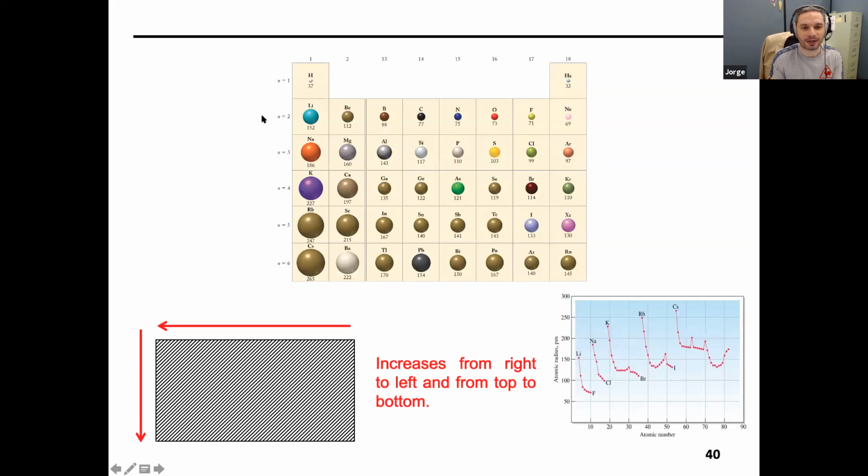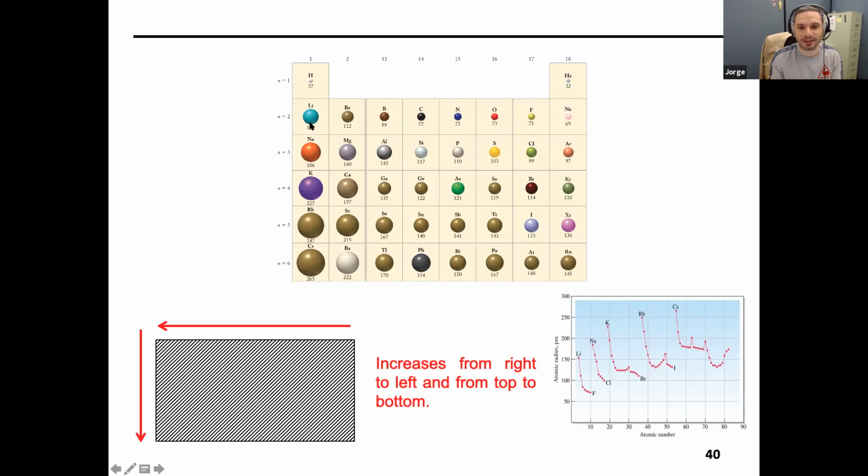And analyzing across the period from left to right, now we are adding electrons in the same shell and increasing the amount of positive charge that will attract the electrons close together, resulting in a decrease of the atomic radius.